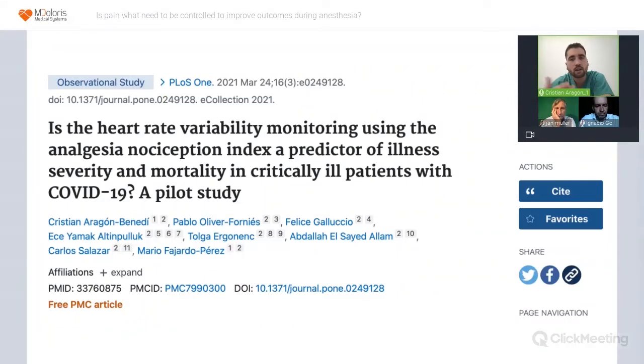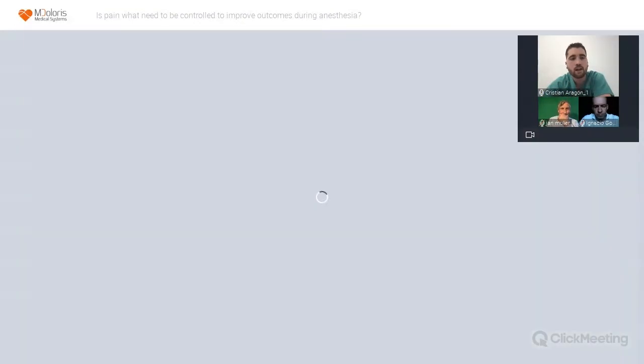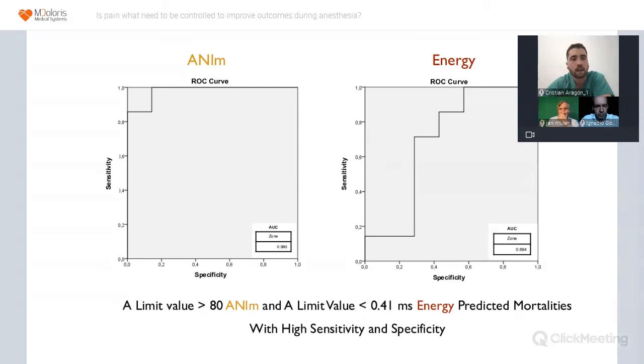In fact, in this regard, in our latest paper recently published in PLOS ONE about ANI and COVID-19 patients, we found that a limit value below 80 of mean ANI, or a limit value below 0.41 milliseconds of energy, predicted mortality with high sensitivity and specificity.